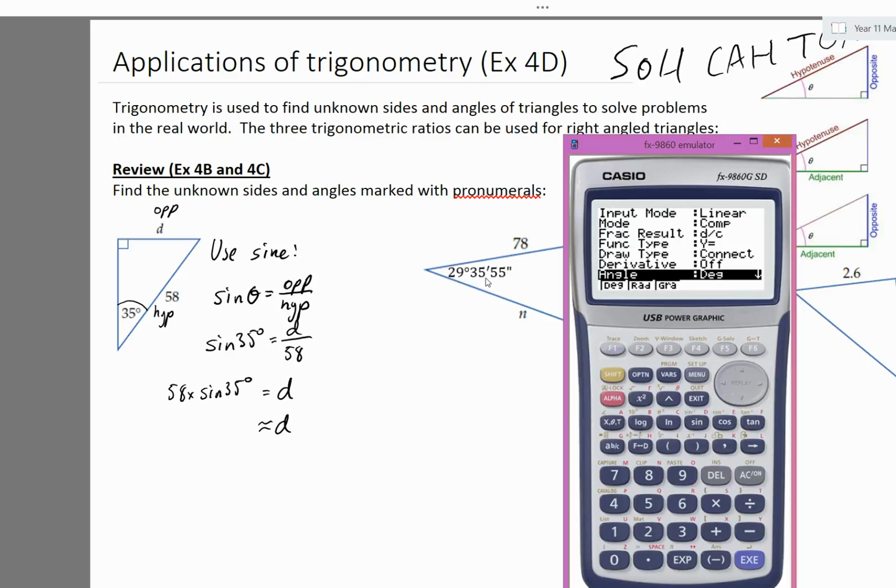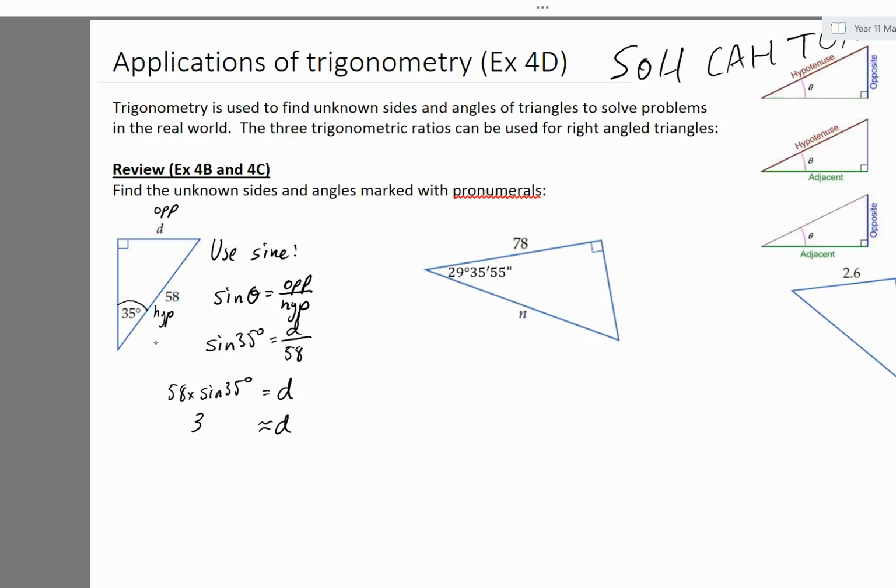Later on we'll do some things in radians, but for the moment we'll use degrees. So 58 times sine of 35, 33.27. Okay, too easy.